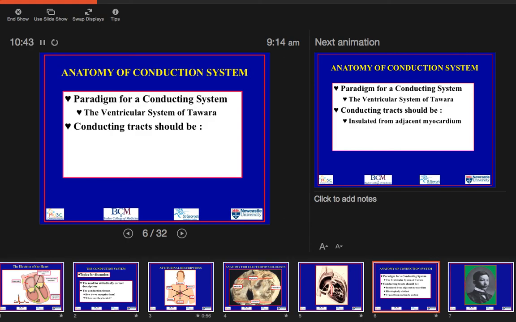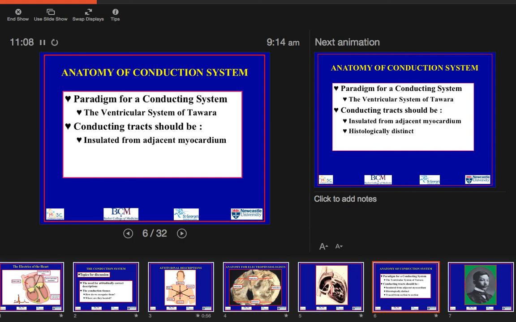And then, subsequent to controversy, after the publication of Tawara's work, the giants of German pathology, Monckeberg and Aschoff, produced criteria for conducting tracts. Because at that time we were recognizing the tracts using histology. We still do that, and I'll show you that.